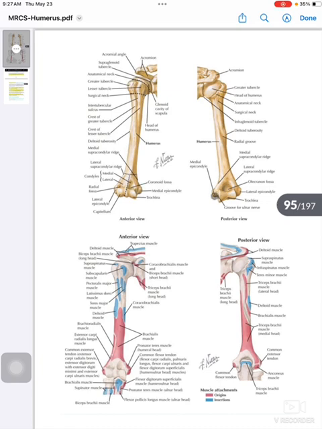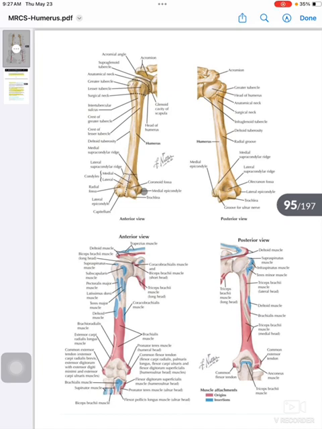Here's a sulcus for the ulnar nerve and collateral vessels. Its distal margin gives attachment for the ulnar collateral ligament, and in front of this the anterior surface has impressions for the common flexor tendon.